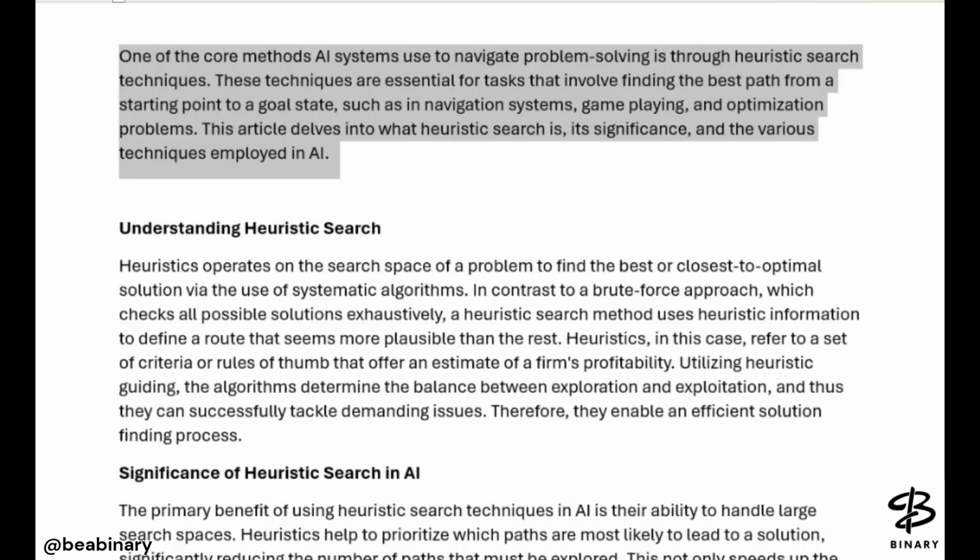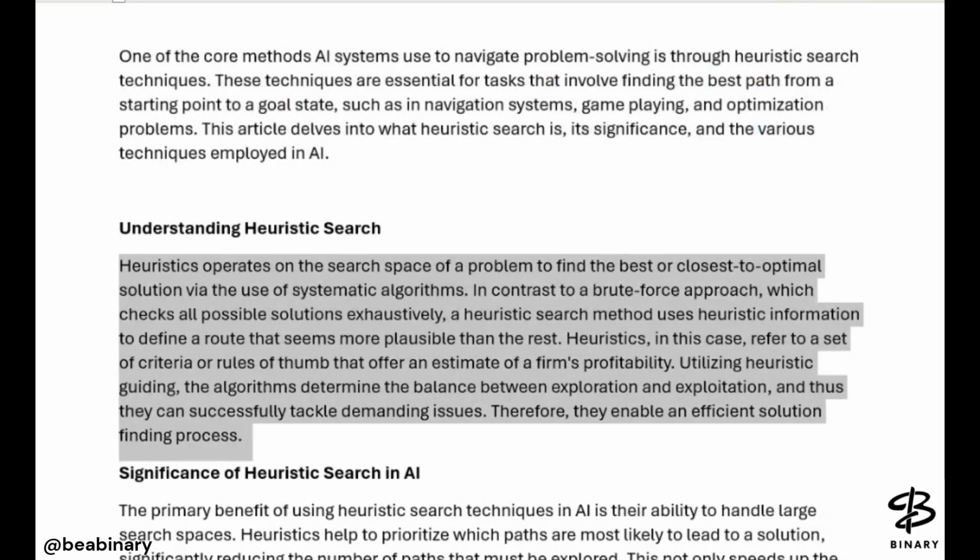So here we will discuss how the heuristic search technique works. Now, understanding the heuristic search technique. Heuristic search operates on the search space of a problem, and we have discussed the space search problem also. Heuristic operates on the search space of a problem to find the best or the closest to the optimal solution, with the use of various systematic algorithms we will discuss here.